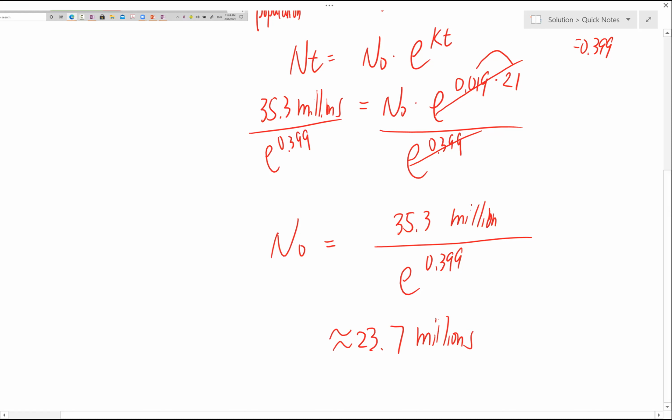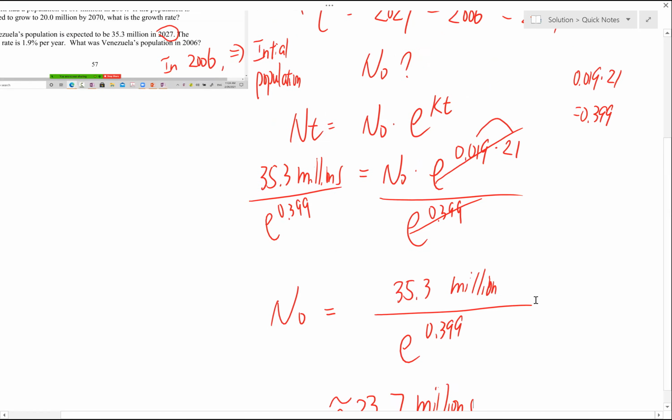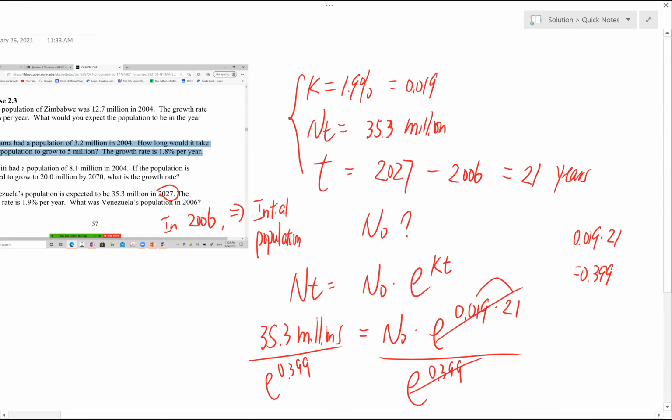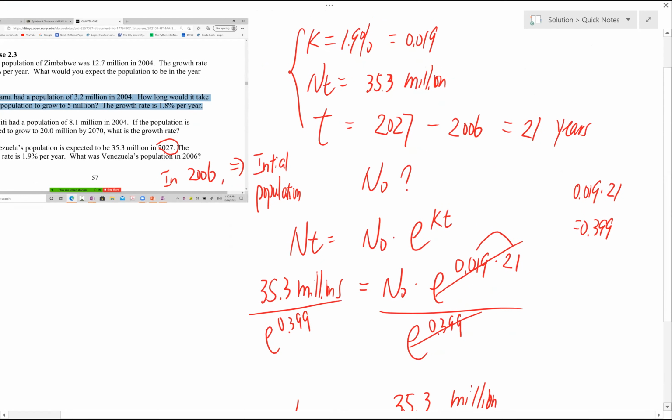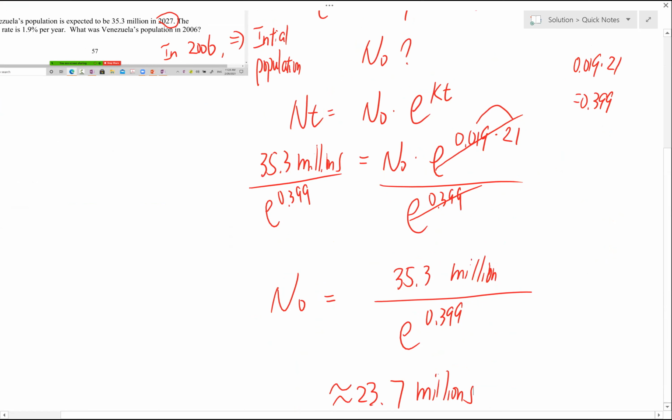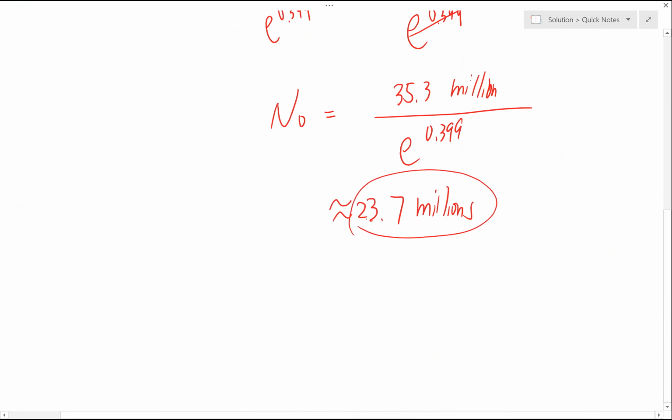That means the initial population for Venezuela will be 23.7 million. Okay, so this is the initial population in 2006.